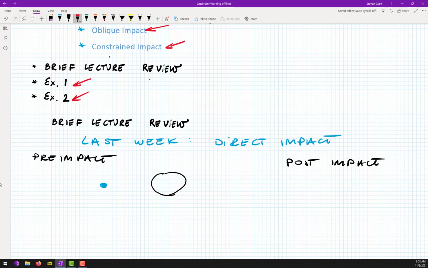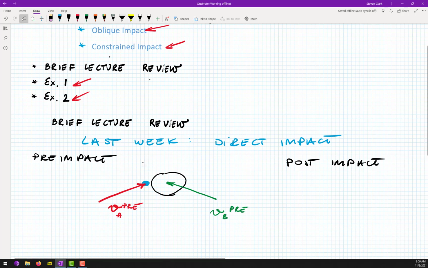Okay, so right now we will have, actually no, let's draw them closer to one another. I changed my mind, sorry. So this guy will have velocity, let's say, VA pre. And this guy will have velocity, let's say this one, VB pre.